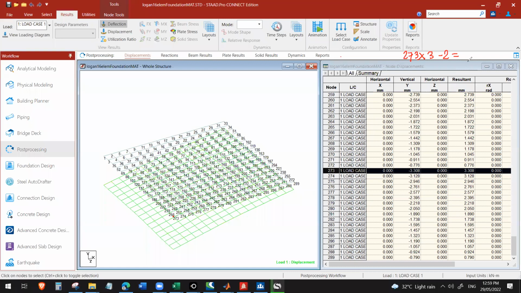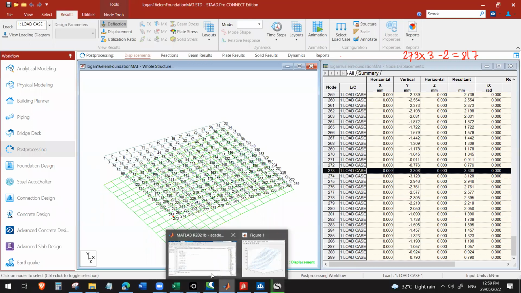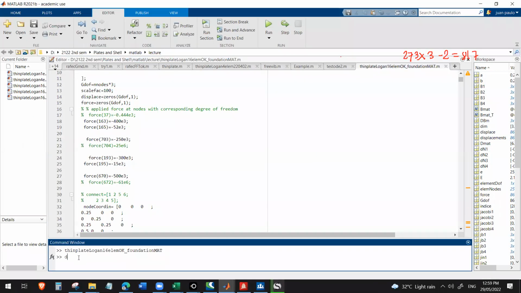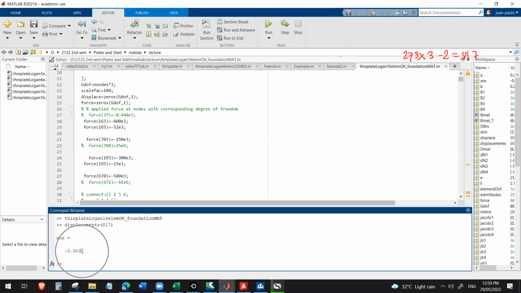So to get the DOF, times 3 minus 2, 817. Okay, so yan yung DOF, 817. So let's check. It should be 3.3. So displacements, 817. Okay, so we're getting the same displacement. No, 3.3.